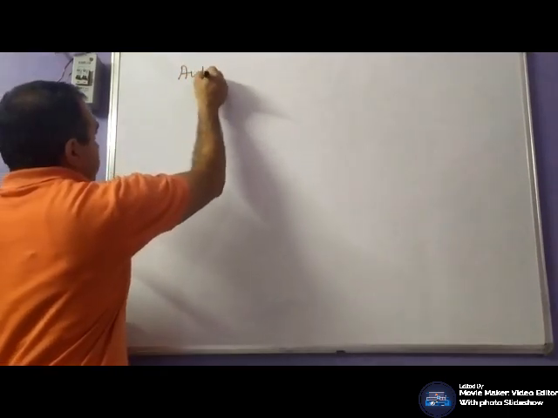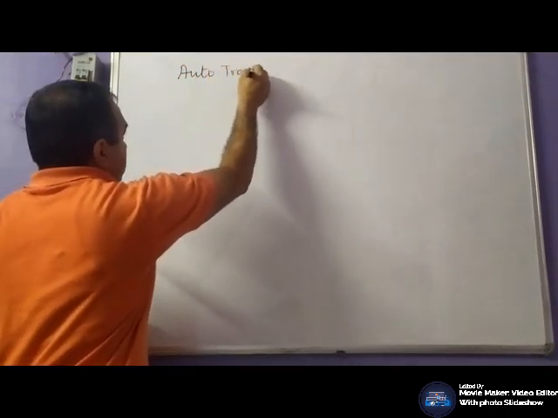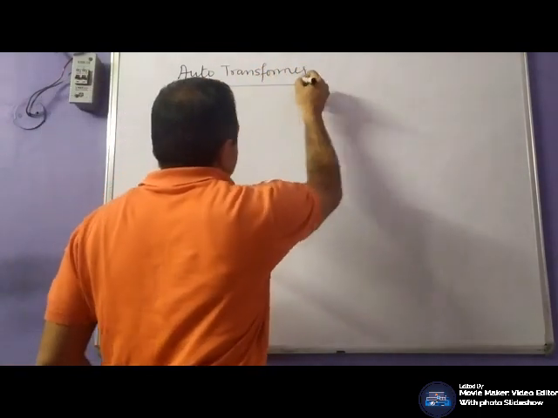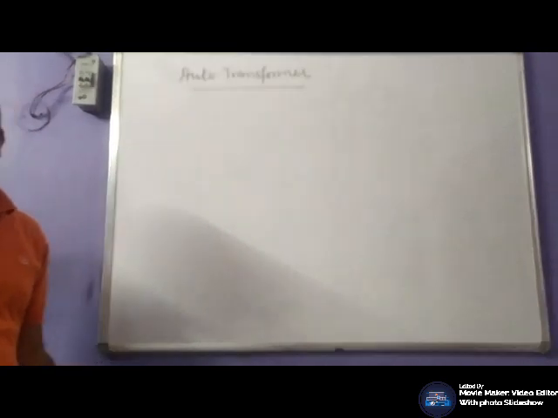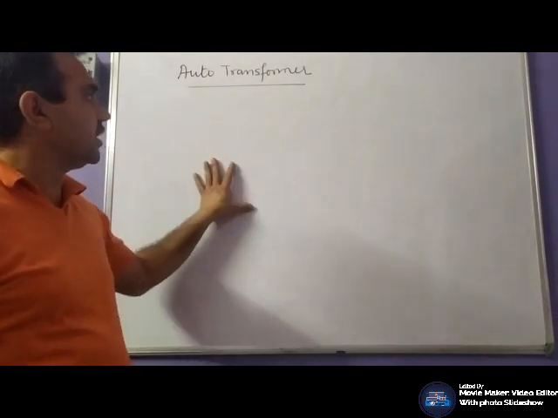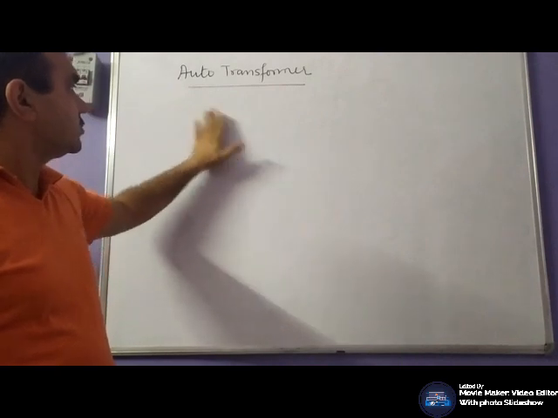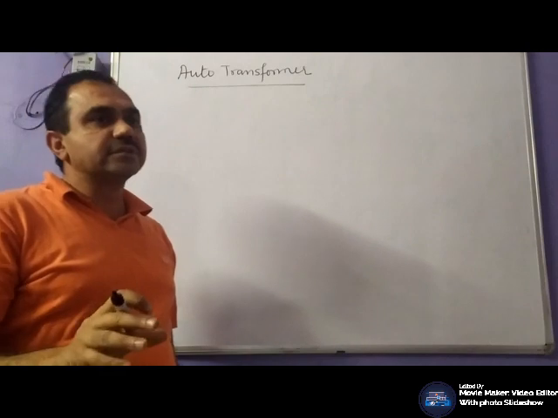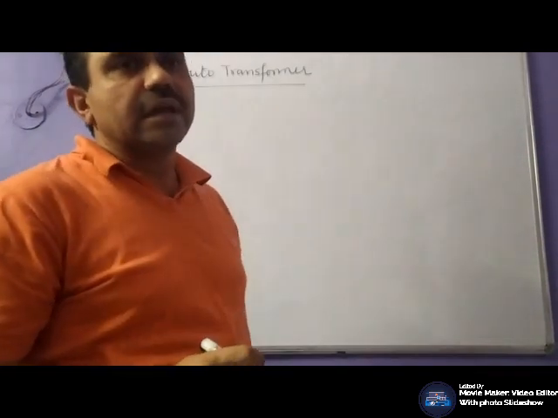Auto transformer. Generally, an auto transformer is used for low voltage, low power ratings, and generally used as a power booster, or where we require low voltage for starting electric motors.